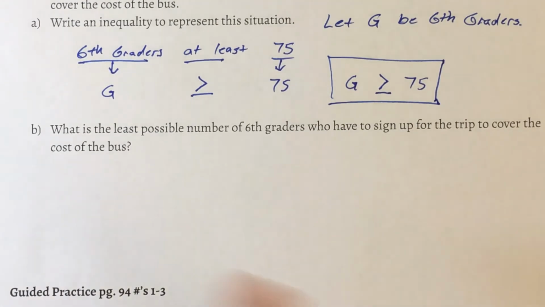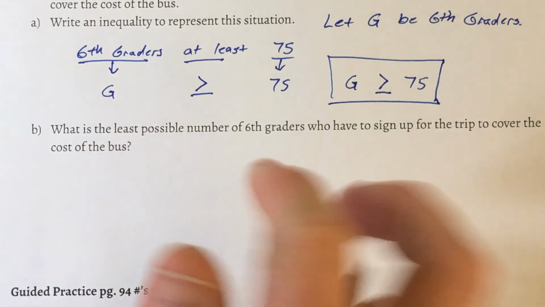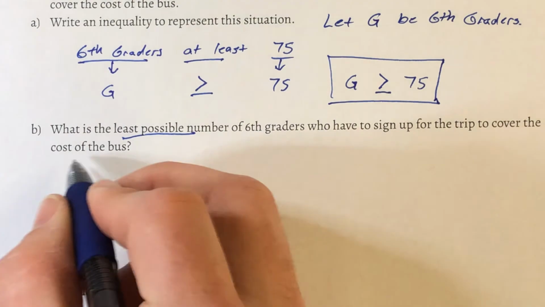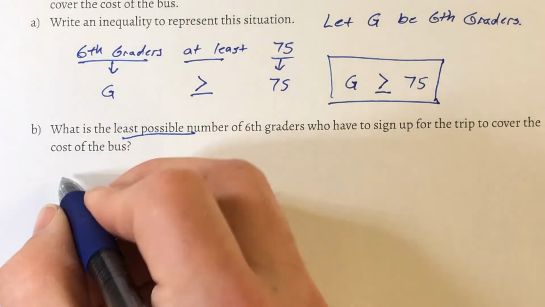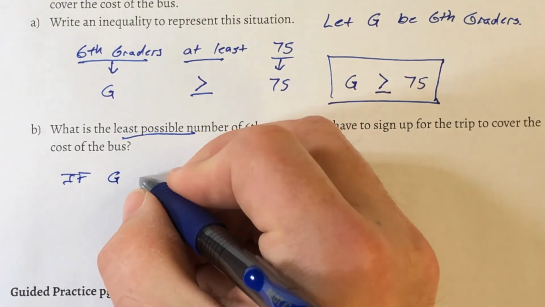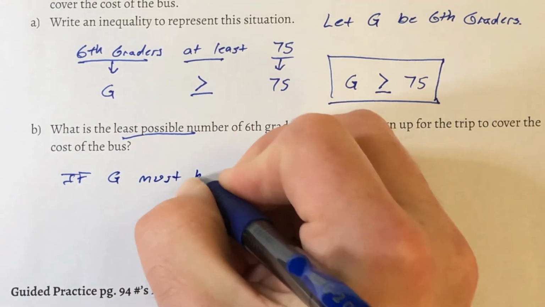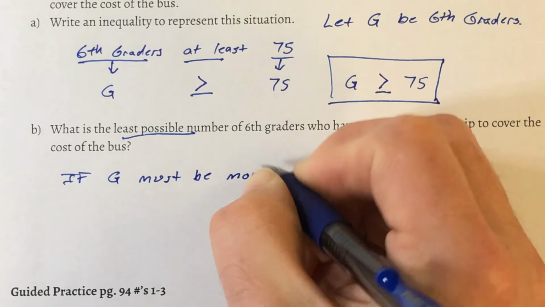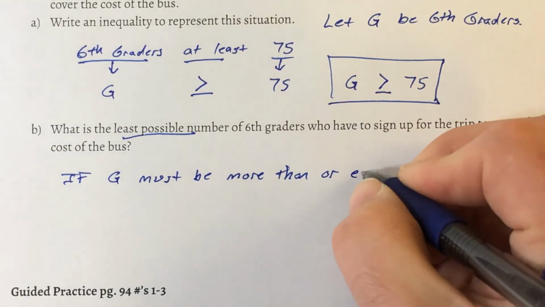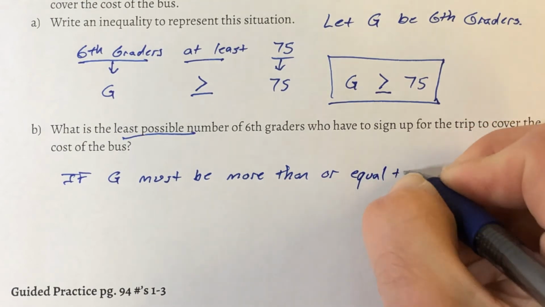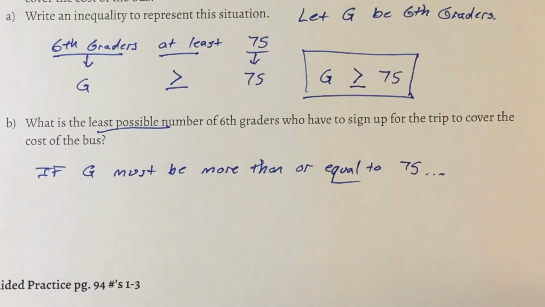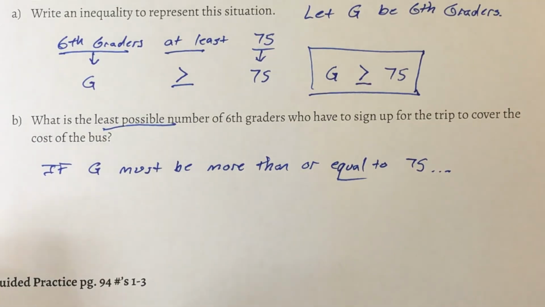Part B. What's the least possible number of 6th graders who have to sign up in order to cover the cost of the bus? So let's reason this out. If G, the number of 6th graders, must be more than or equal to 75, well, that means what's the smallest number you could have?